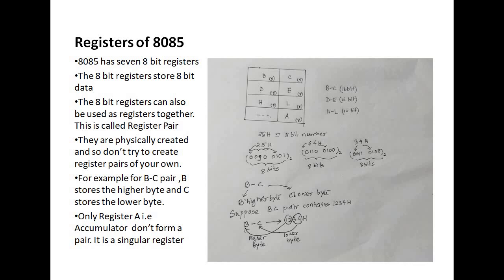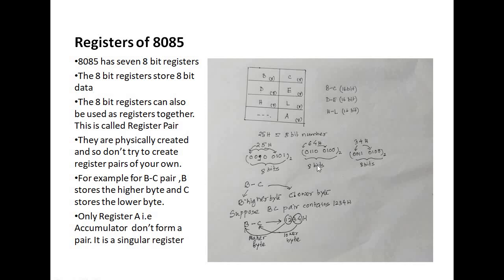So don't try to create pairs of your own. They are fixed, BC, DE and HL. So B is the higher byte register and C is the lower byte register.